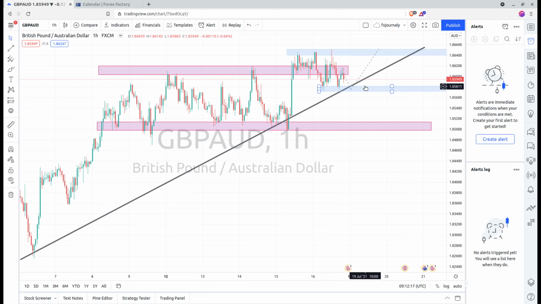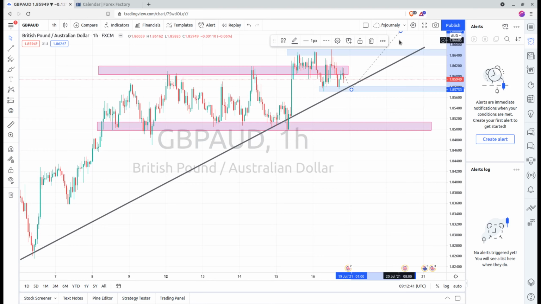What I'm actually hoping happens is that, like I explained, price comes down to this area, plays around in this area, being the new support area, and then it just takes off. What I mean by take off is that it continues to go in that upward trajectory.